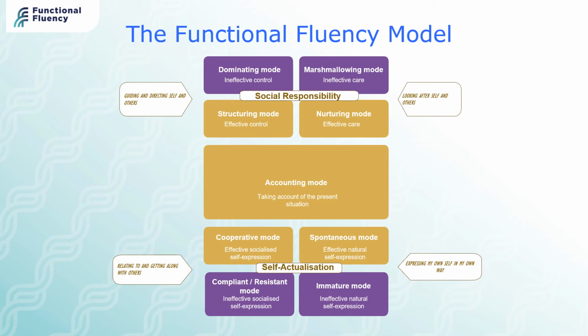When people are behaving in compliant, resistant or immature mode, it's easy for people in positions of social responsibility to get drawn into behaving in either dominating or marshmallowing ways. Equally, if people in social responsibility roles behave in dominating or marshmallowing ways, they are more likely to get a reaction from compliant, resistant or immature mode.